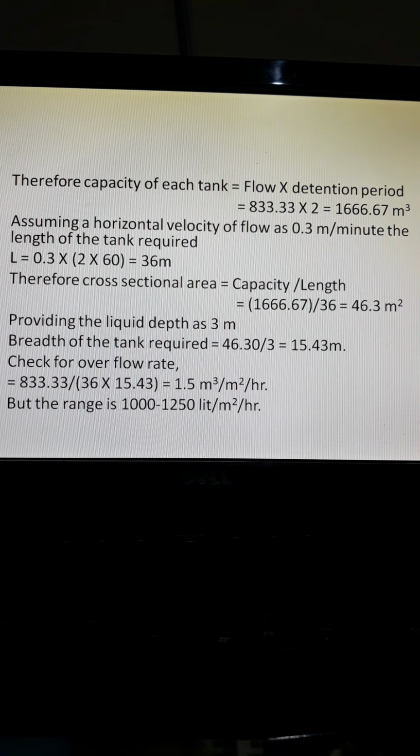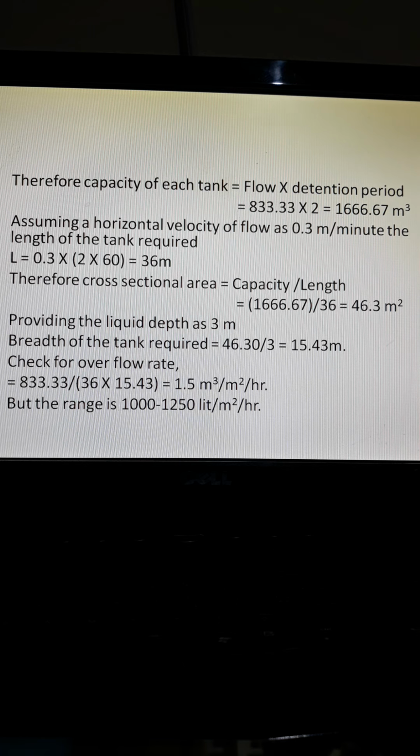When the detention time is 2 hours, it is 2 into 60 minutes, that is 120 minutes, and the velocity is 0.3 meter per minute. Speed is expressed in meters per minute, so the time should also be in minutes, so that the length of the tank is 36 meters, because 0.3 meter multiplied by 120 minutes is 36 meters.